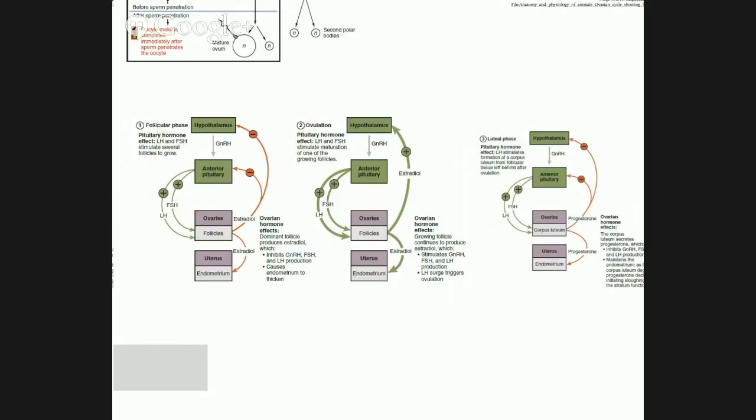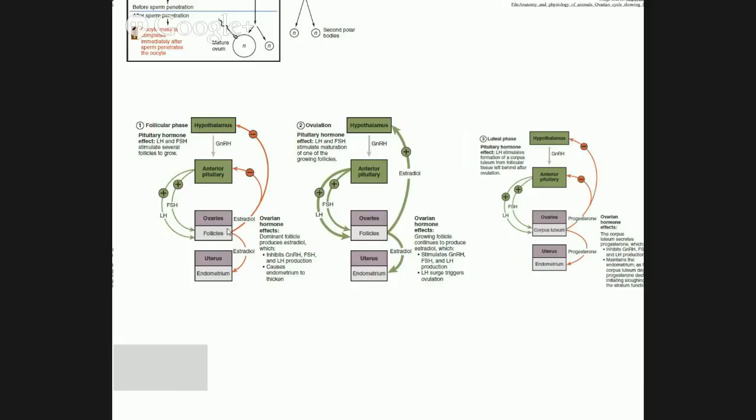So this is when the follicles are developing, getting up to the mature follicle stage. It's driven by mostly FSH, but LH is present to some degree too, under the direction of GnRH from the hypothalamus. And the estradiol released from the follicles will influence changes in the endometrium of the uterus.